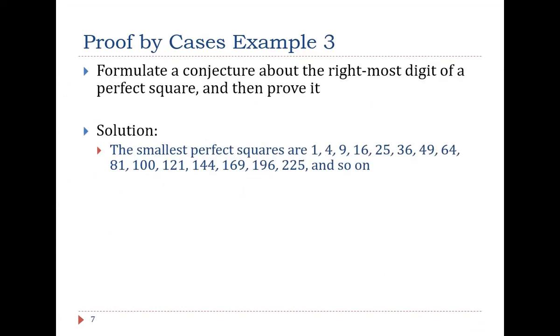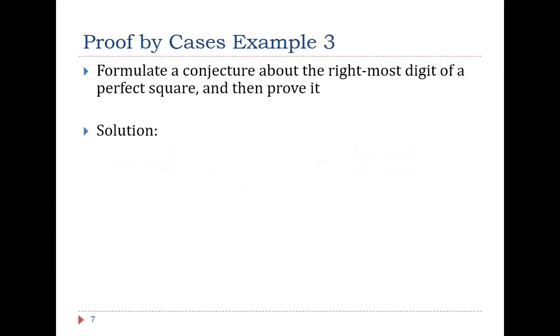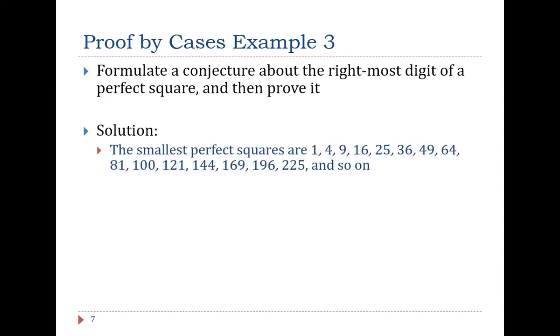A nice example is to formulate, first of all, a conjecture about the rightmost digit of a perfect square number, and then prove it. It's a tough question if you were asked to think about it, but one way of doing this is to draw out this list.